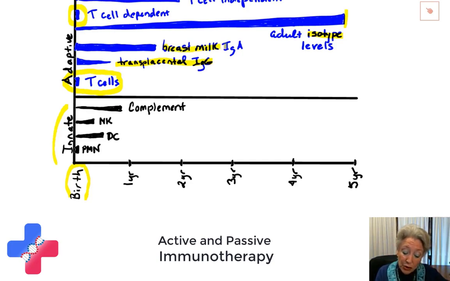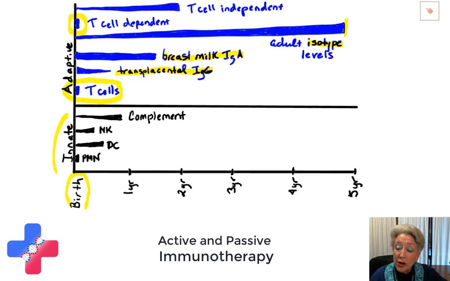Breast milk is going to give them the IgA they need for at least some period of time until they can make their own. But when we consider the types of molecules that will elicit an appropriate response of antibody type, notice that those that depend on T cell help are going to be much more quick to evolve than those that are present in the absence of T cell help.